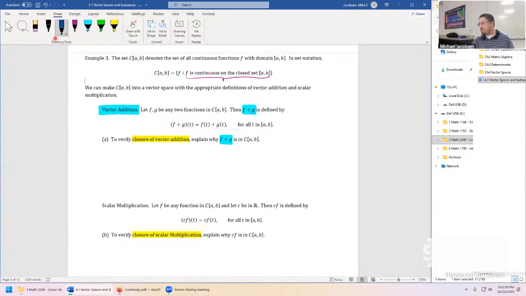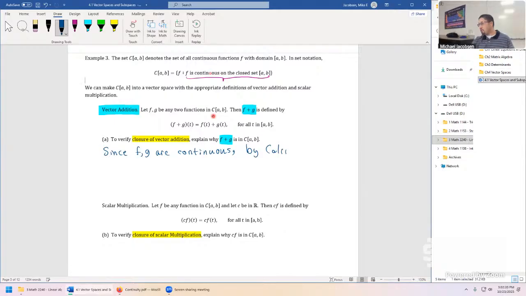We can say, since f, g are continuous, how do we know they're continuous? We said they're in CAB. That automatically tells you those are continuous functions on the closed set from A to B. So that tells you they're continuous, but now we can just cite Calculus 1.